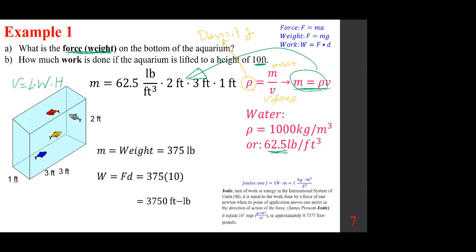The way we write the units for this one is just pounds. Okay. Is it in pounds? It's in foot. So we say foot pound. Foot pound. Okay, foot pound. That's how you write it. I hope everybody is okay with that.